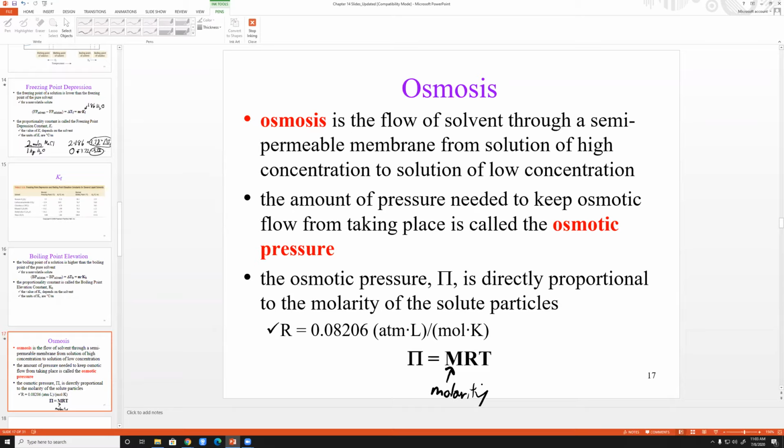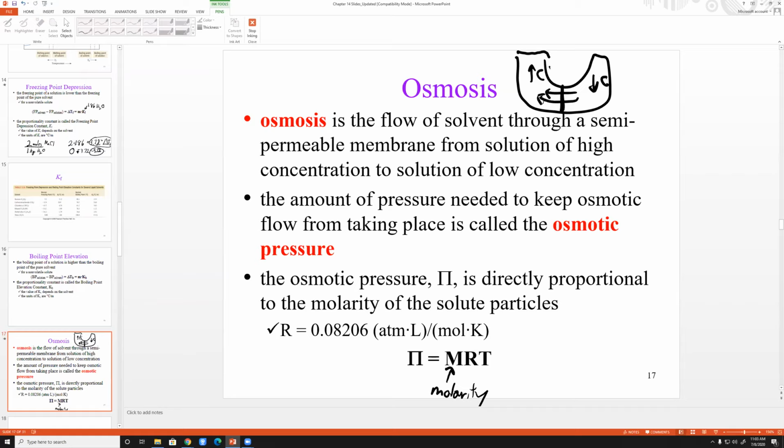If you have a semi-permeable membrane, let's give a better example. Let's say you have this tube. In the middle is a semi-permeable membrane. Here you have a high concentration. Here you have a low concentration. If you have an extremely high concentration here, there's going to be so much pressure for the solvent to move to the left, because we need to relieve that pressure.